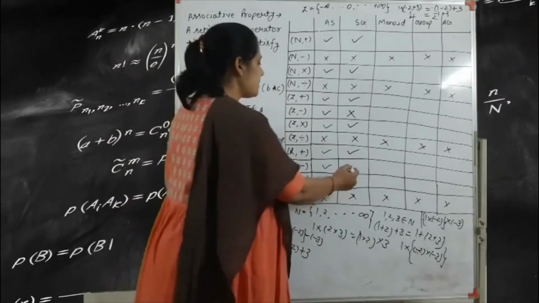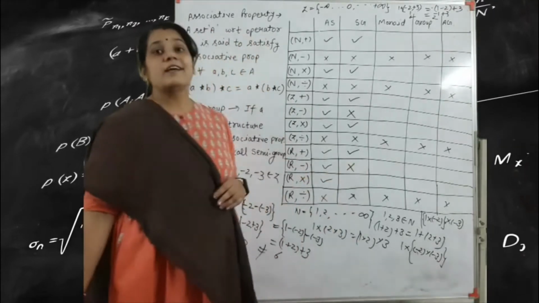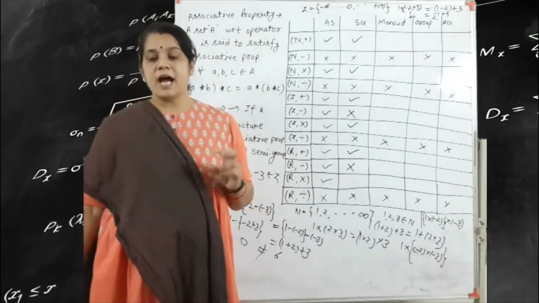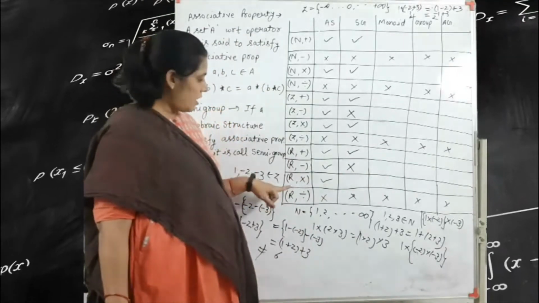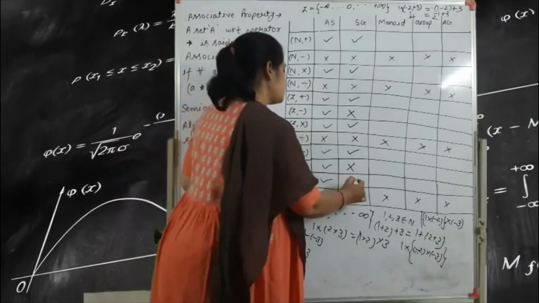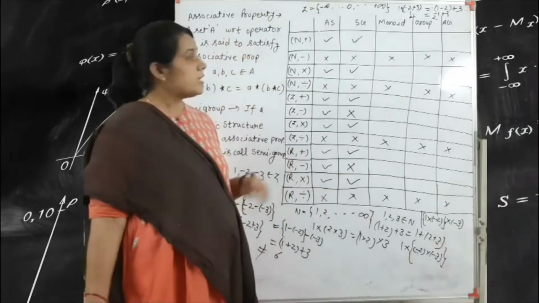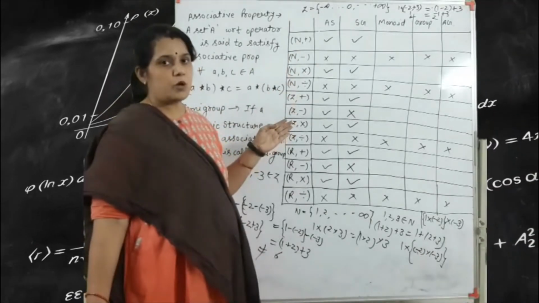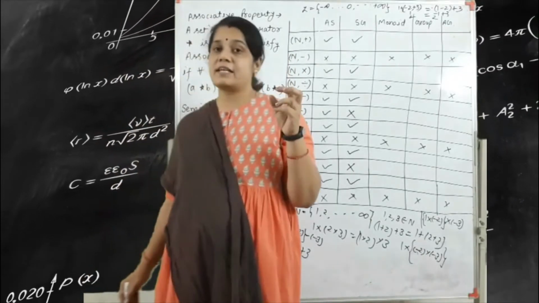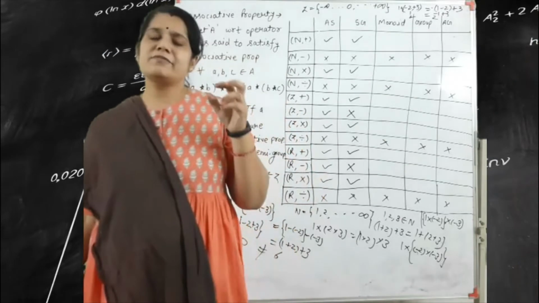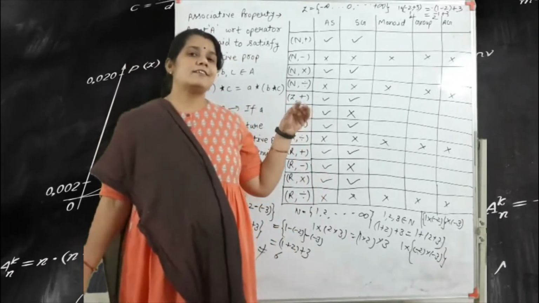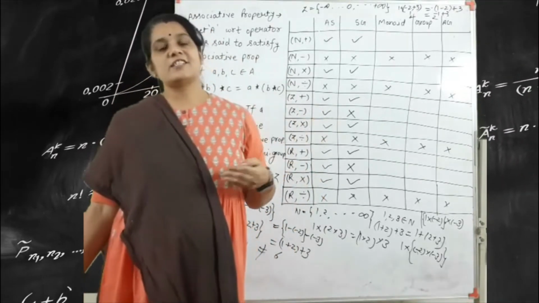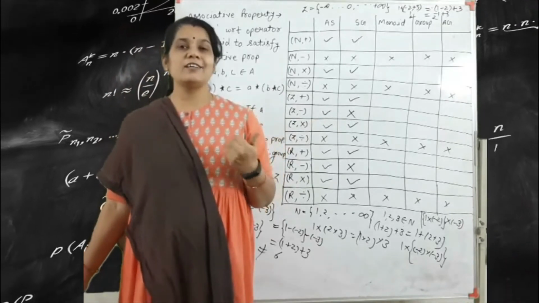So R minus does not satisfy the associative property. R multiply satisfies the associative property. So these are the different types of sets and the different types of operators, and with the help of these sets and operators we can understand very easily whether this is an algebraic structure, or a semigroup, or monoid, or group.